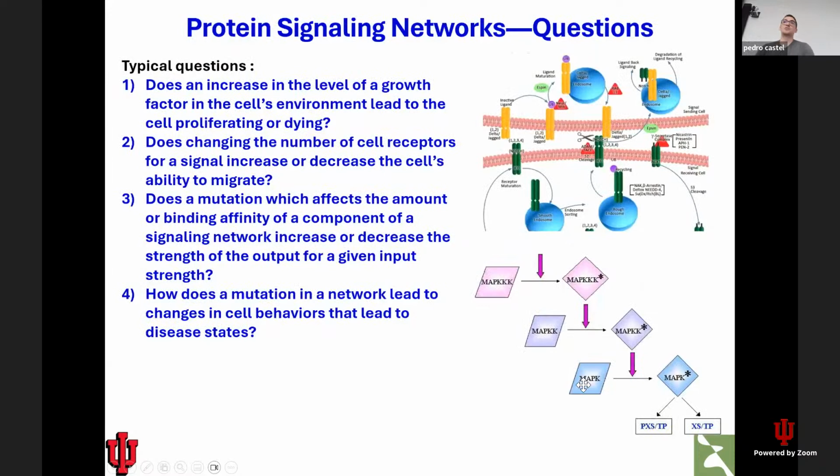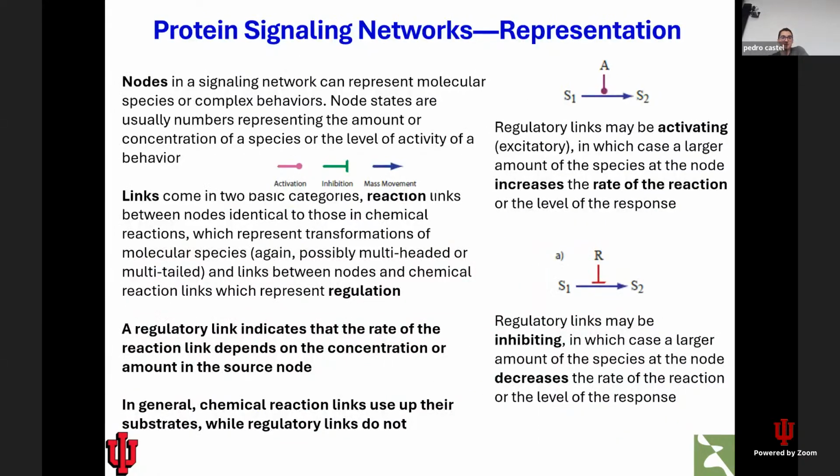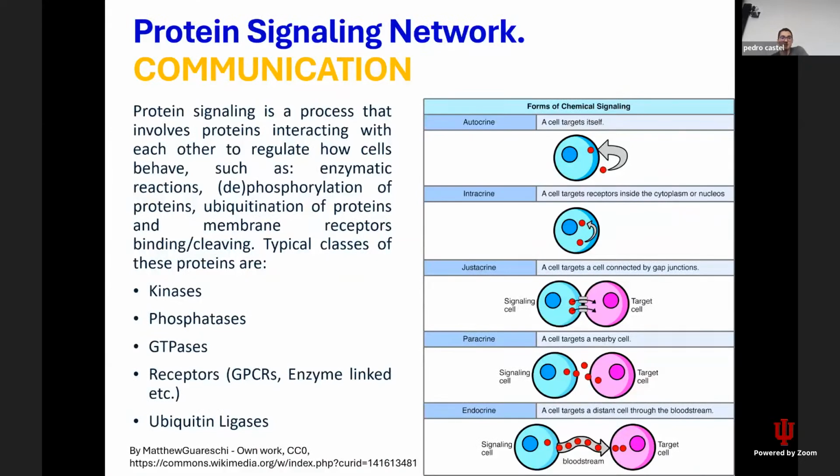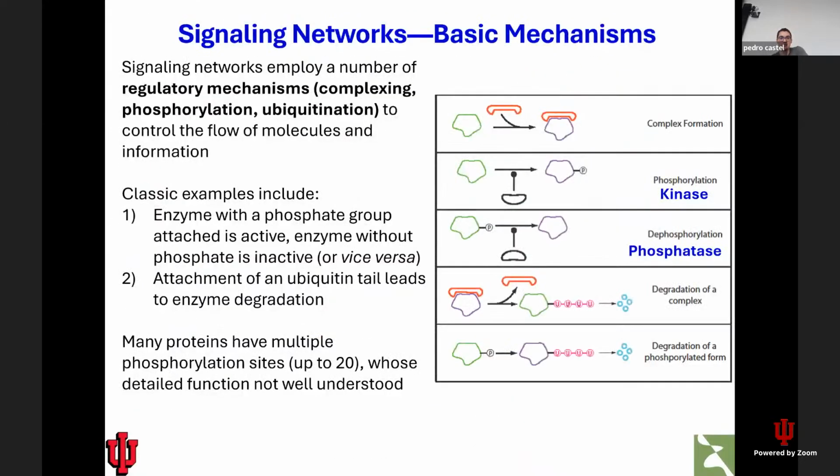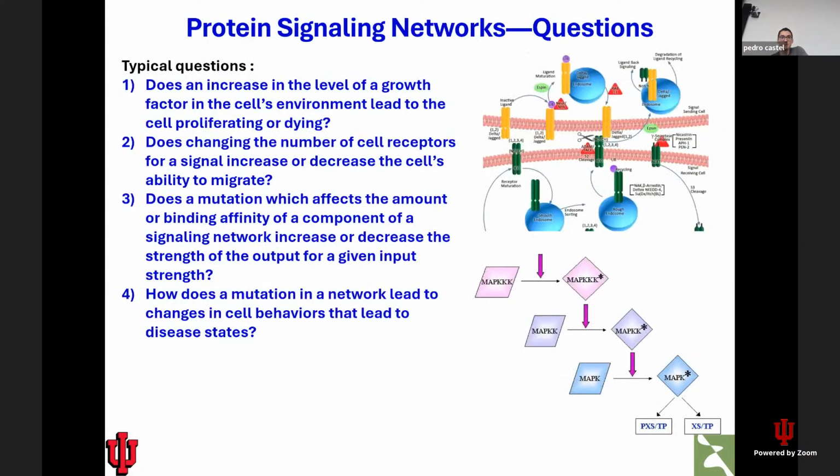So some questions concerning protein signaling networks are, for example, and did I talk about everything here? I think I missed something. Receptors. Yeah, I talked about that. Some typical questions about protein signaling networks are what happens when a certain protein is present or not.